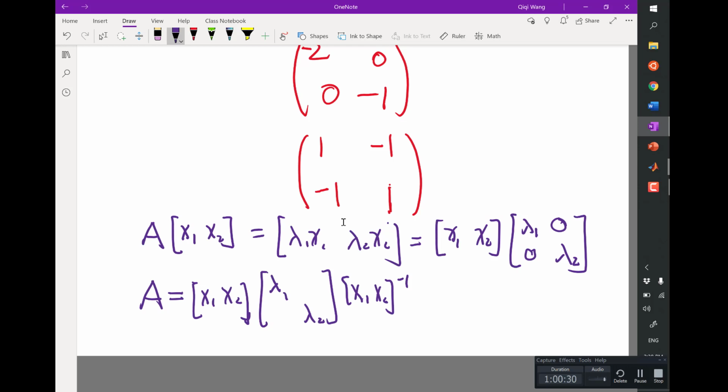What cancels? If you multiply A by A, you are multiplying these 3 terms by another equivalent 3 terms. The inverse of this matrix cancels with this, right? When you multiply A 3 times with itself, again it cancels, right?